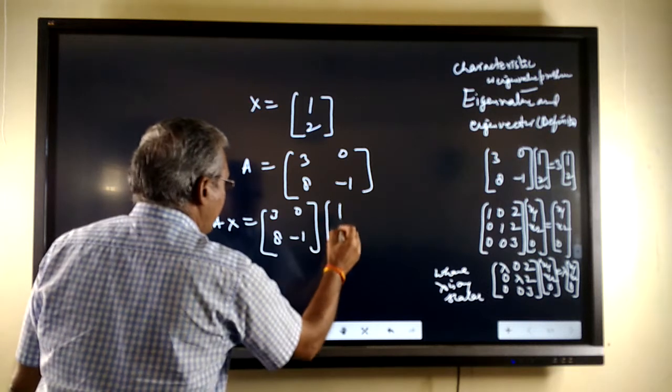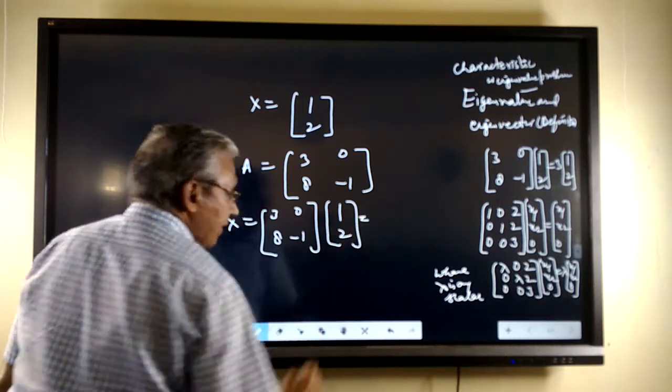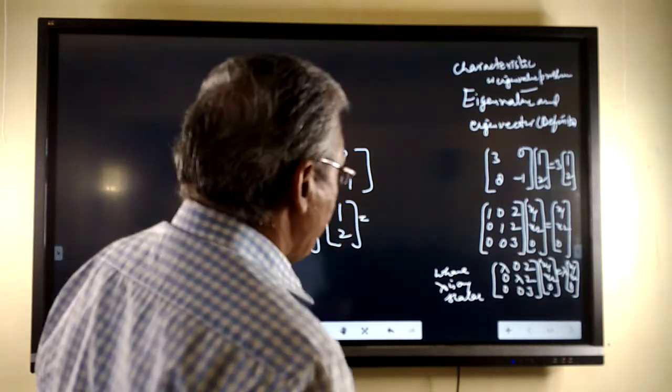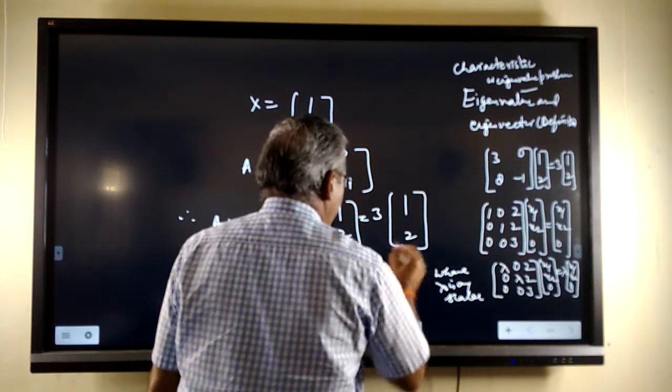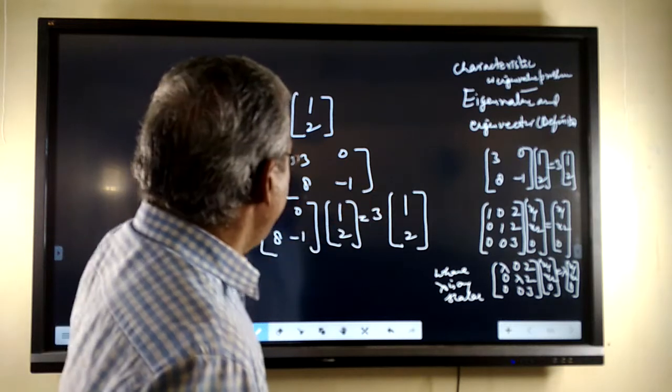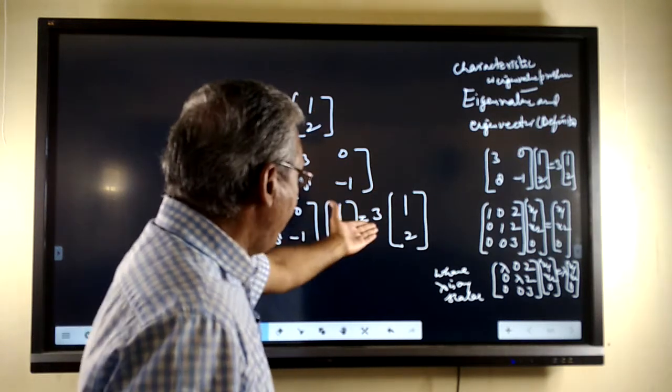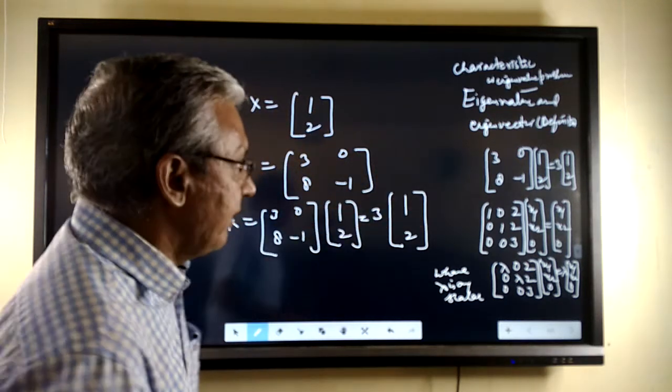Therefore, Ax equals [3, 0; 8, -1] times (1, 2). After the multiplication of these matrices, we get (3, 6). Here (1, 2) is the given vector x, and here 3 is a scalar.